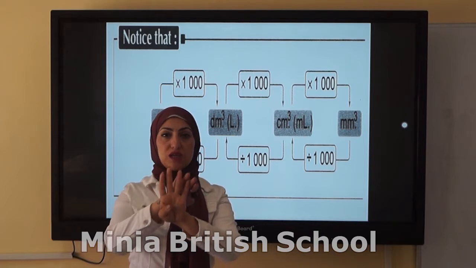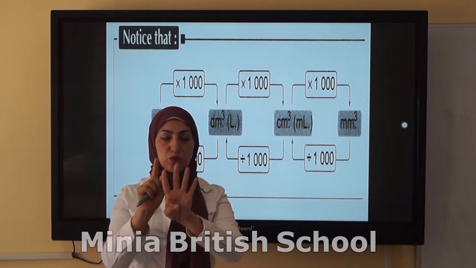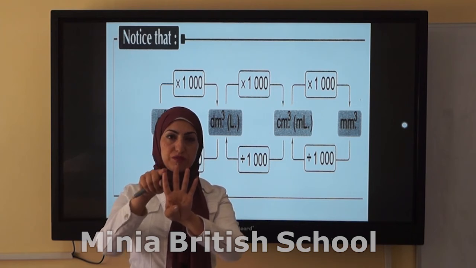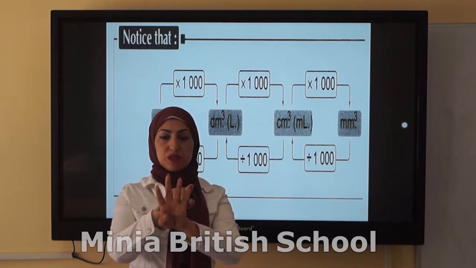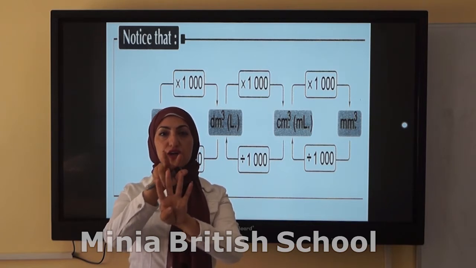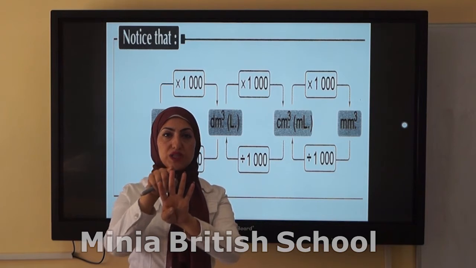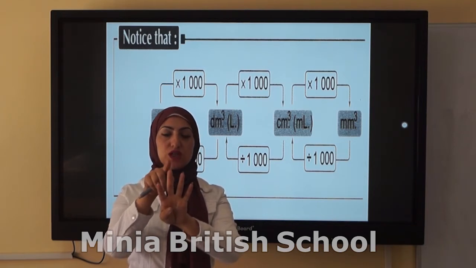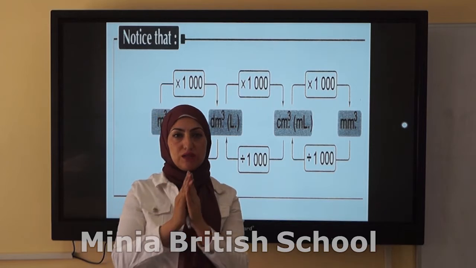So I have the same units, but in cubic only: cubic millimeter, cubic centimeter, cubic decimeter, cubic meter. Only these two have other names: the cubic decimeter equals liter and the cubic centimeter equals milliliter.